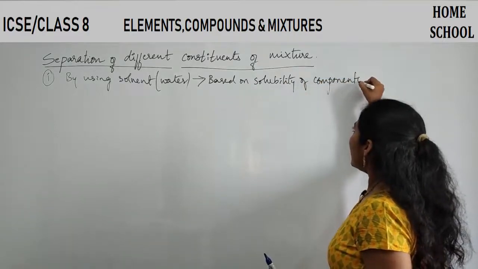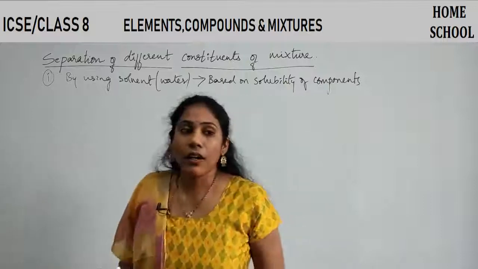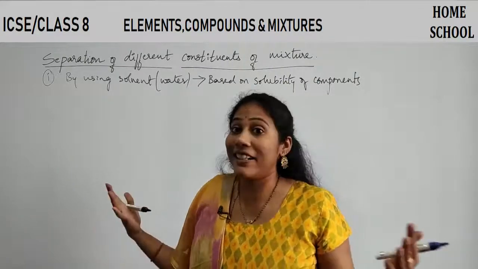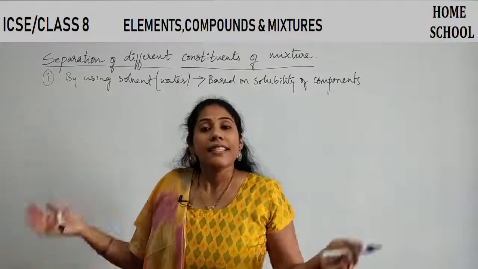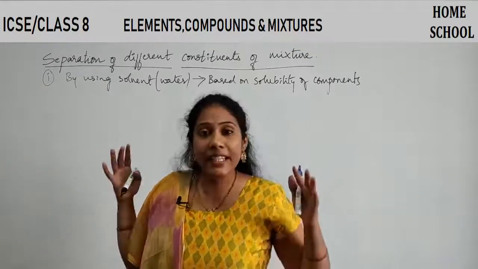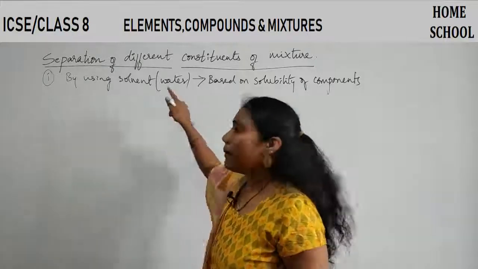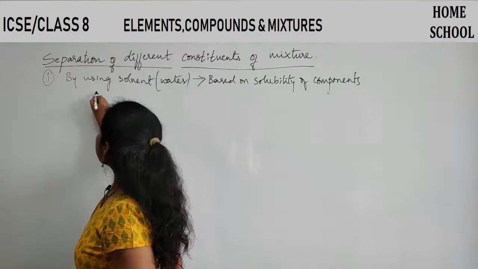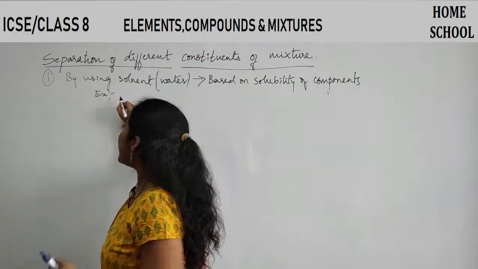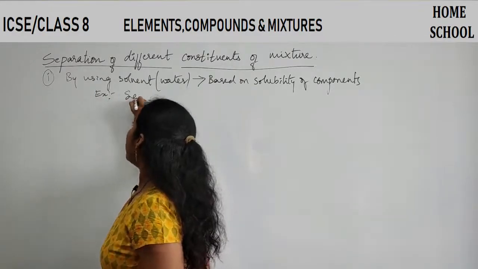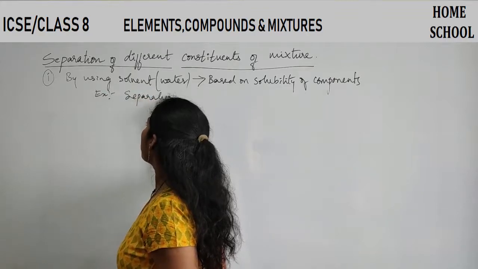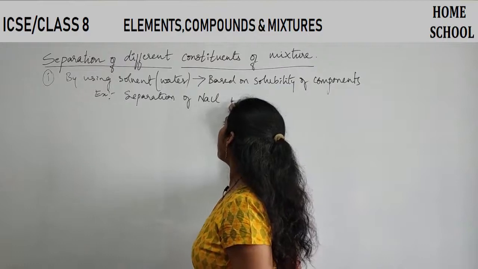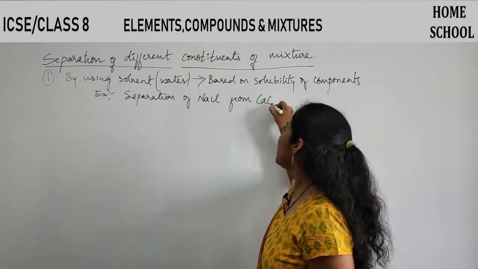I will select a mixture in which one of the components is soluble in water and the other component is not soluble in water. Such a mixture can easily be separated with the help of water, that is, with the help of a solvent. Clear? The example I'll take here is the separation of NaCl from calcium carbonate.